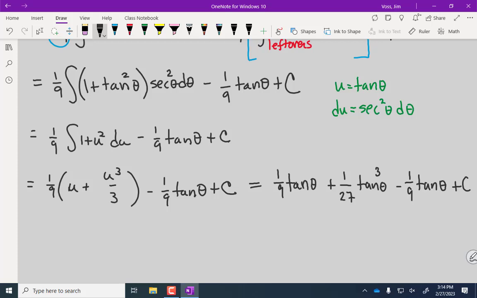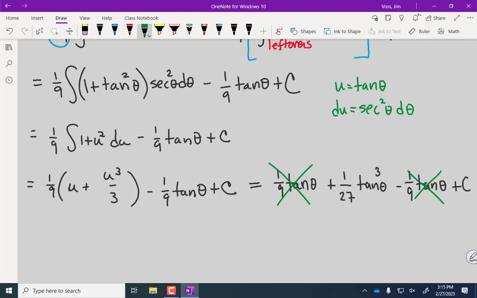Cancellation? So 1/9 tangent minus 1/9 tangent, so we have cancellation. Those two go away. And there's our answer in theta, but what's our very last step?